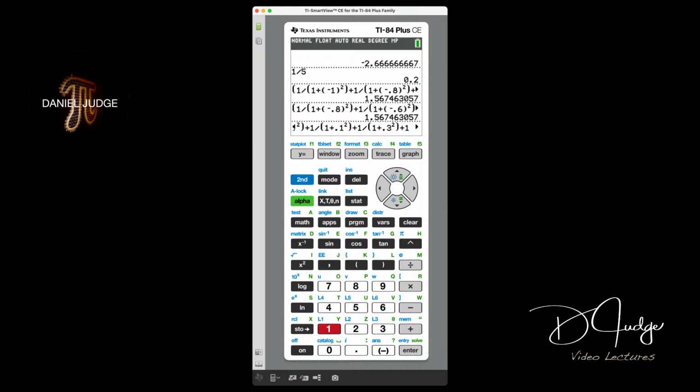Plus 1 divided by 1 plus 0.5. You square that. Close it. Plus 1 divided by parentheses 1 plus 0.7. We square this.